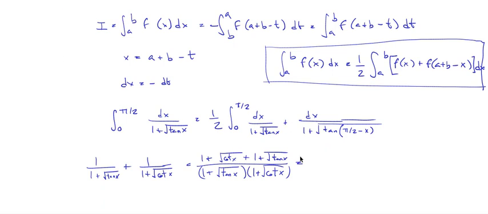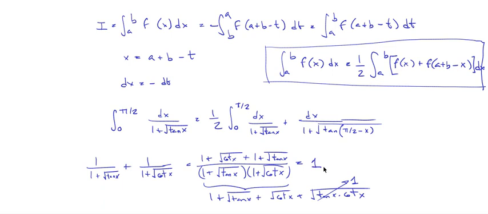And now we have, well, this is 2 plus this, and if we expand this, we have 1 plus the square root of the tangent plus the square root of the cotangent plus the square root of the tangent times the cotangent, right? But the tangent times the cotangent is 1, so the square root of 1 is just 1. So you can see that the numerator and the denominator is the same thing.